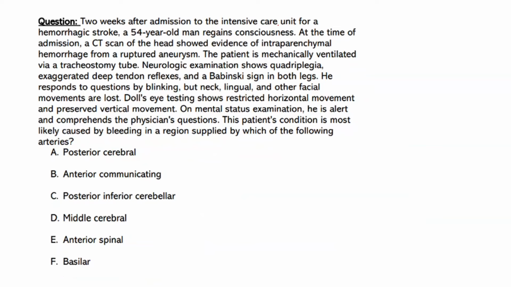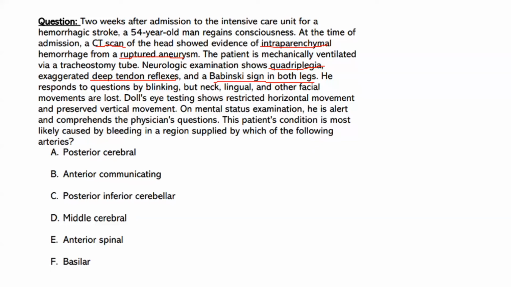So 2 weeks after admission to the ICU, a 54-year-old man regains consciousness. At the time of admission, a CT scan showed evidence of an intraparenchymal hemorrhage from a ruptured aneurysm. The patient is mechanically ventilated. A neurologic exam shows quadriplegia, exaggerated deep tendon reflexes, and the Babinski sign.